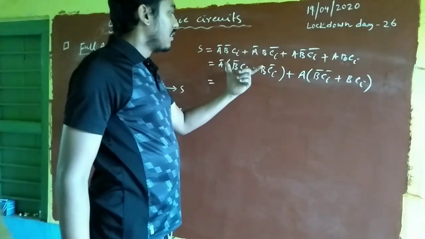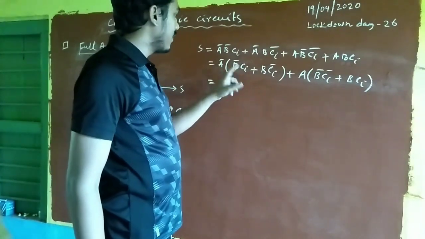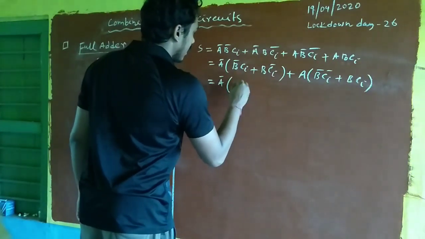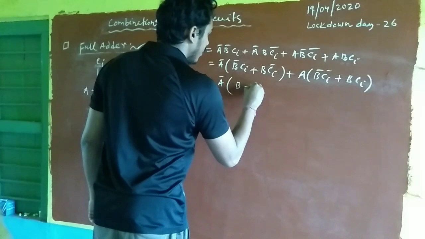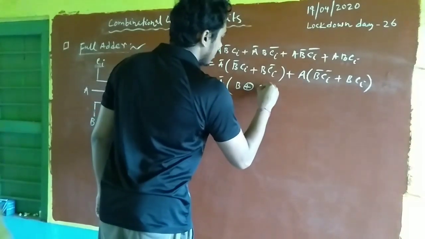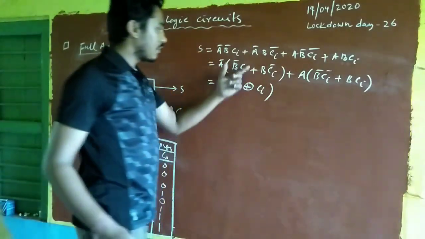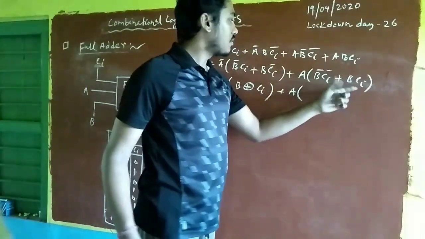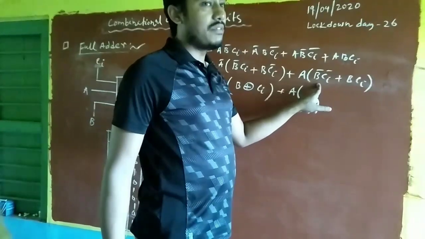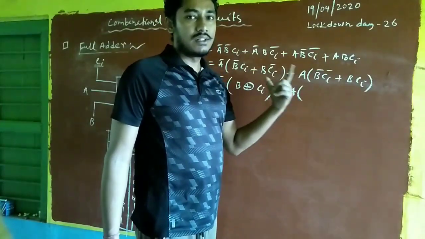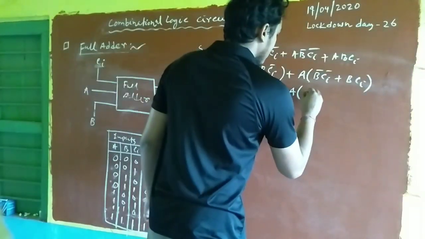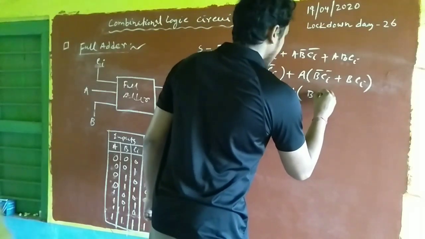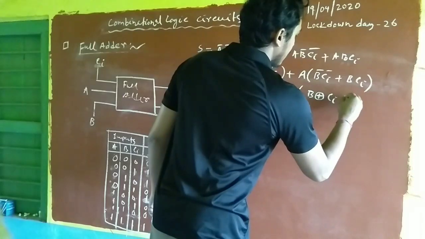That is the XOR expression, like A B bar plus A bar B. So we can write that as B XOR Ci. Now from the second term, this is AB plus A bar B bar. So that is the expression for the XNOR gate, that is XNOR of B, Ci.